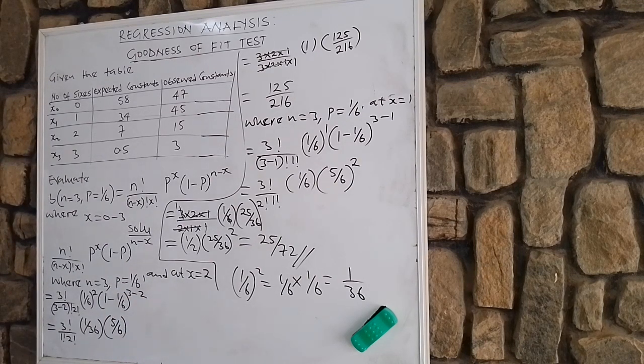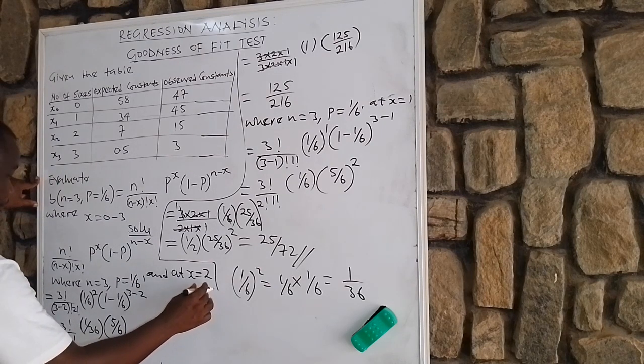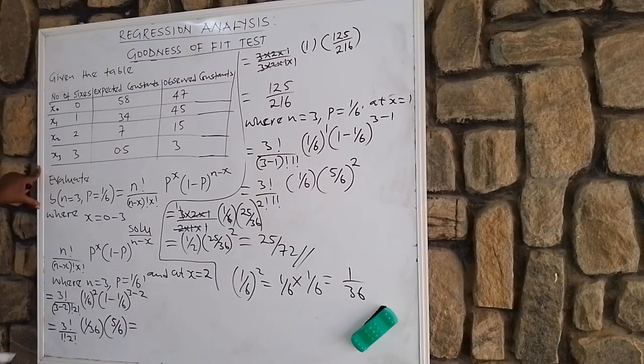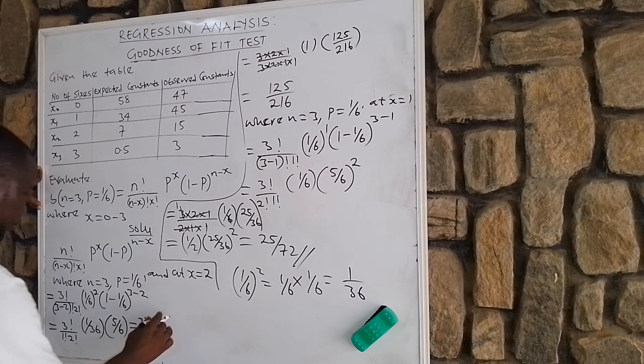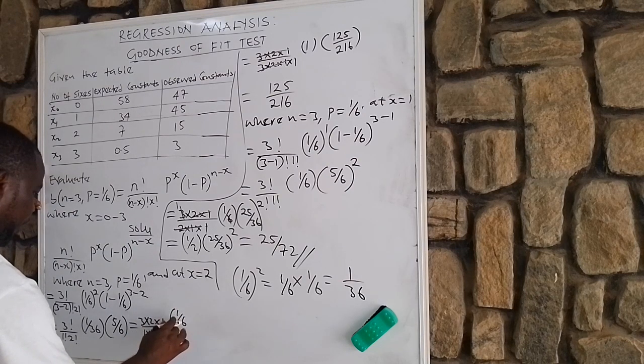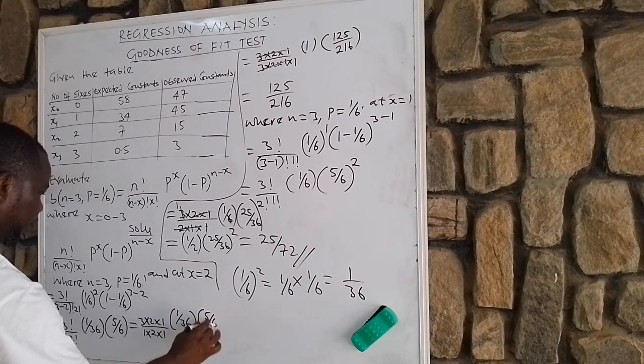So far so good. We can now write 3 factorial. I told you that 3 factorial is 3 times 2 times 1 all over 1 times, since we have 1 factorial, 1 times 2 factorial, we're going to do 2 times 1, then times 1 all over 36, times 5 all over 6.